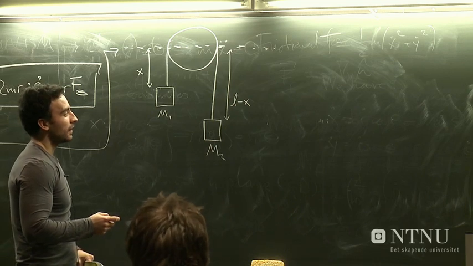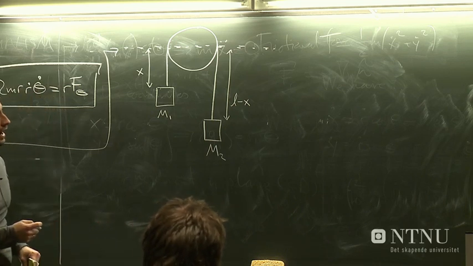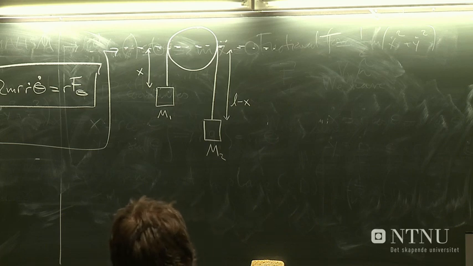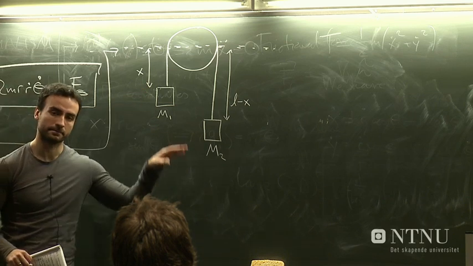Now, how many independent or generalized coordinates would you say we need to describe this problem, if these masses just move up and down?